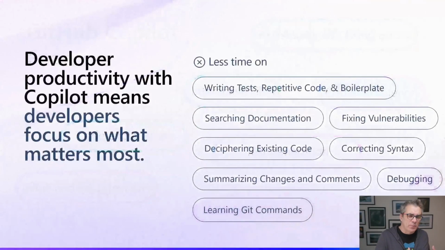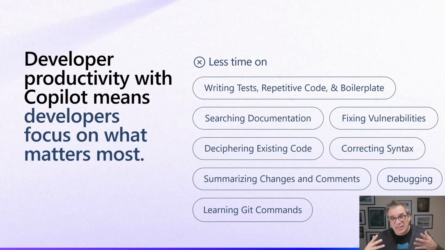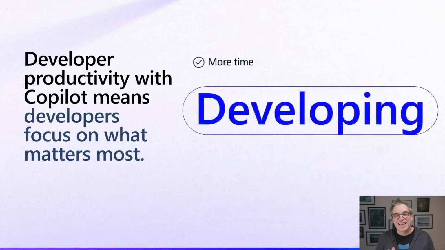And that's great, because for a developer to be productive, we need to write tests, search for documentation, write that documentation, correct syntax and all those things. We don't like it so much, so using GitHub Copilot, we can spend less time on those activities and more time on, you guessed it, developing.